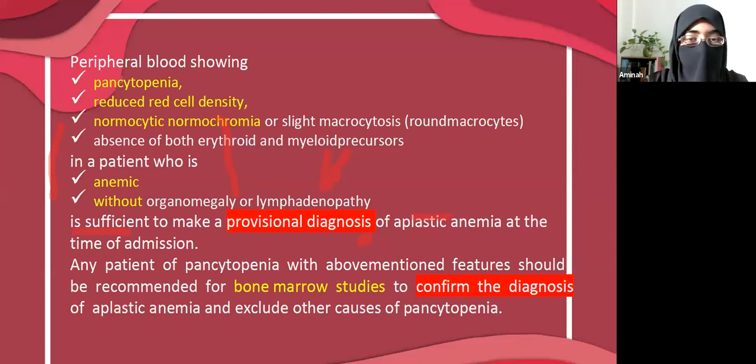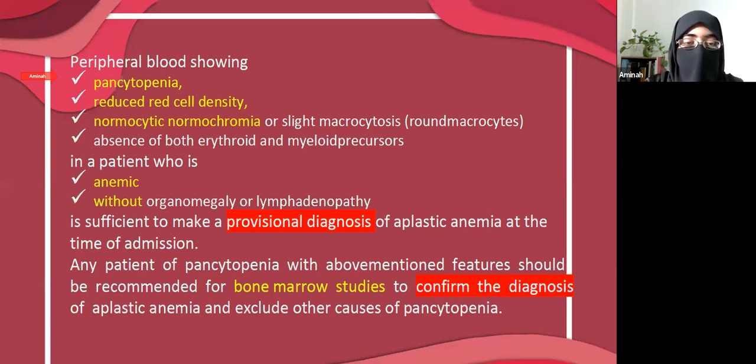Okay, so in a patient presenting with signs and symptoms of anemia, who does not have organomegaly or any lymphadenopathy, and the peripheral blood smear shows these results, that is pancytopenia, reduced red cell density, and normocytic normochromic anemia, then these criteria are sufficient to make a provisional diagnosis of aplastic anemia.